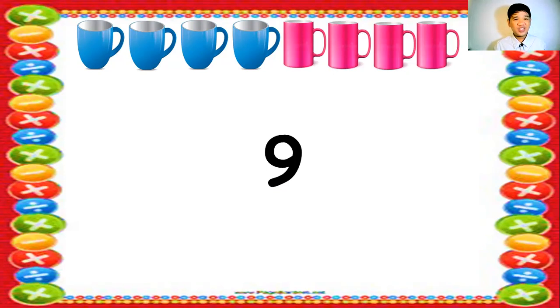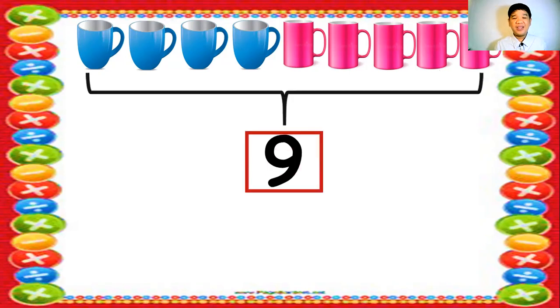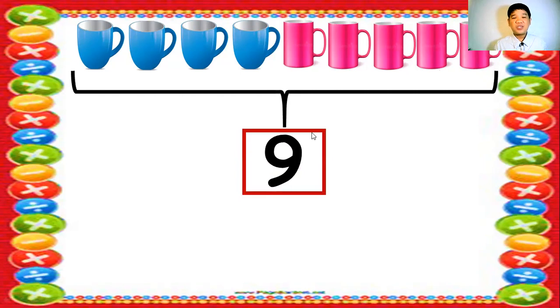So the question is, how many cups or mugs do we have all together? So by writing this, we have another one here. So another one for the pink. So the total number of the pink cups is 5.